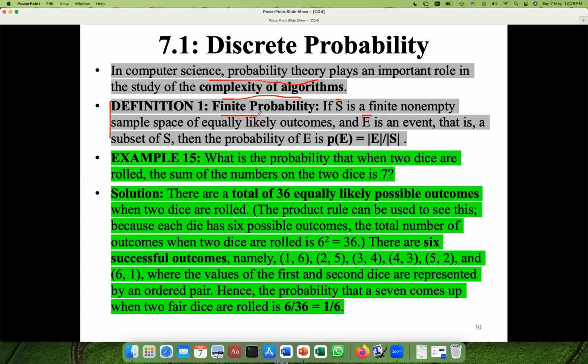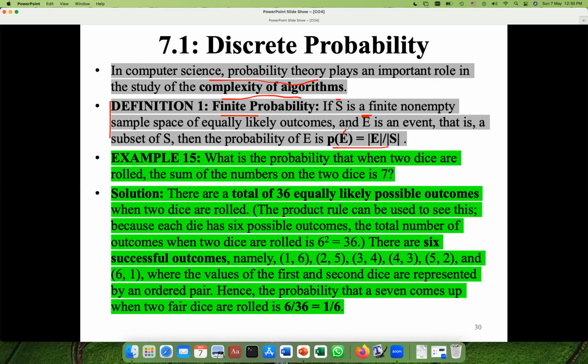So two things you have to keep in your mind: the space and the event. And what is finite probability? This is the equation. Probability of event E, any event. Here E means any event because this is a definition.